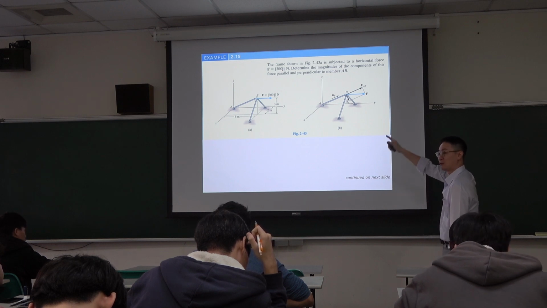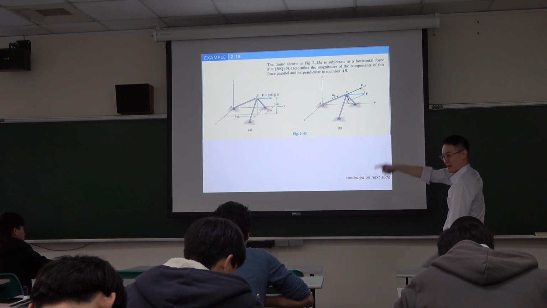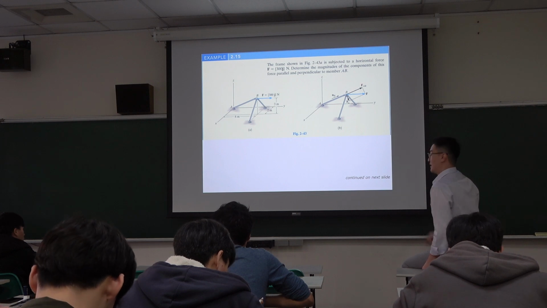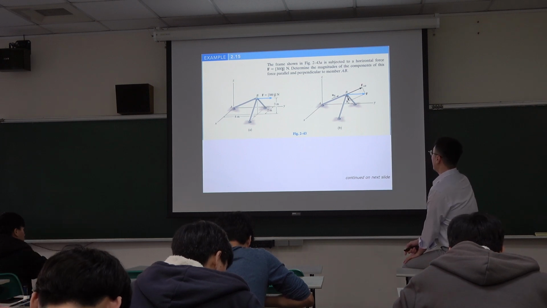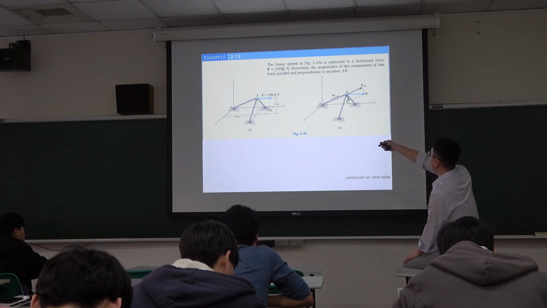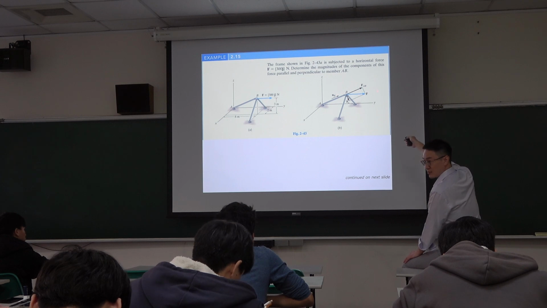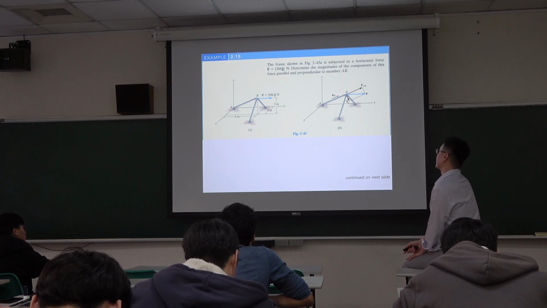It could be AB, could be BA, depending on the case, but it shows the direction along this element. We need to work out the force parallel to AB, which is this direction, and perpendicular, which is this direction.